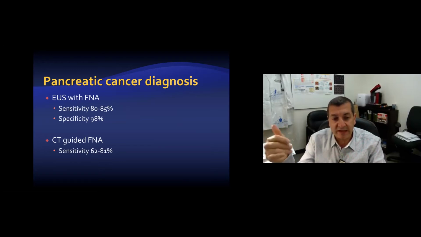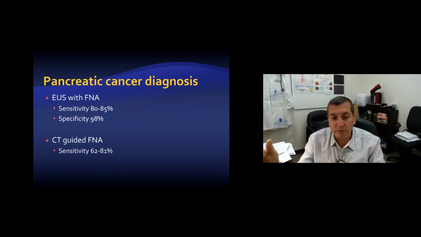If you do a CT guided biopsy, first, they have issues that not all pancreatic tumors are accessible by CT scan. They sometimes have to go either through the liver, or through the colon or the stomach to get to the lesion, making it a little more complicated for CT guided FNA.